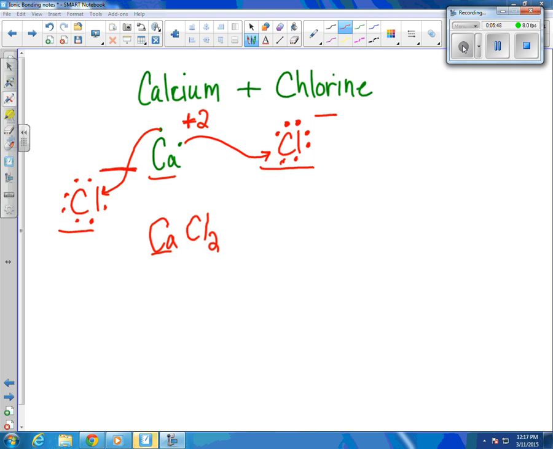If they don't, it's not a stable ion, or it's not a stable ionic compound. But in this case, negative, negative, -2, +2, it cancels out. Any questions about this? Okay, kind of fun, kind of easy, very visual. Okay, let's do another one.